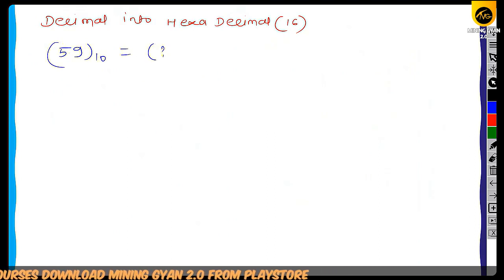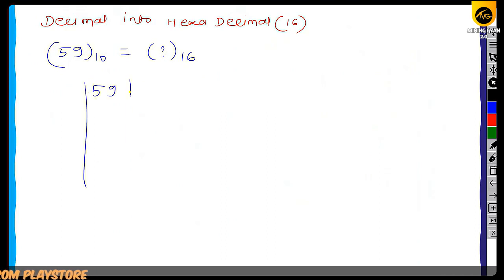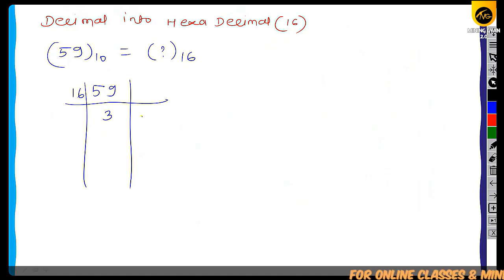We have to convert it into hexadecimal form. Again we follow the same procedure. 59 divided by 16: 16 times 3 is 48.